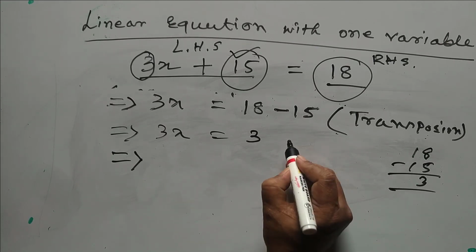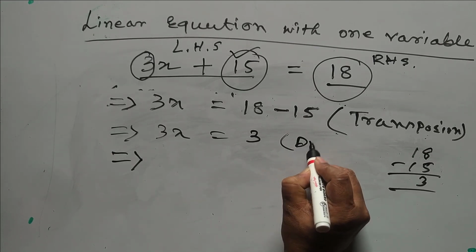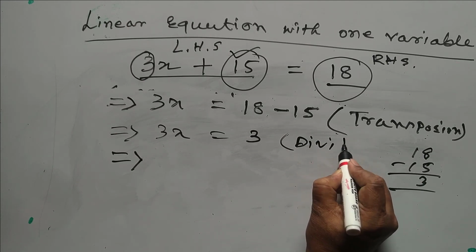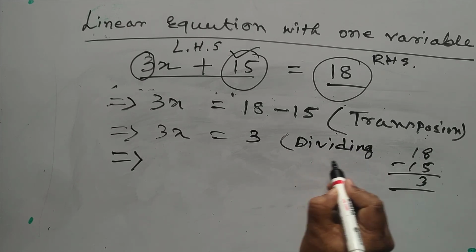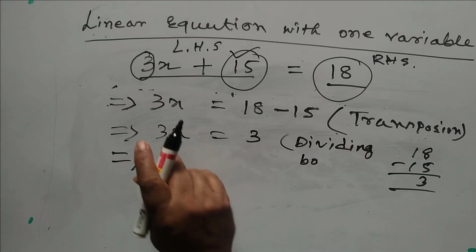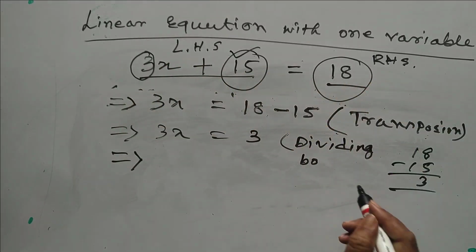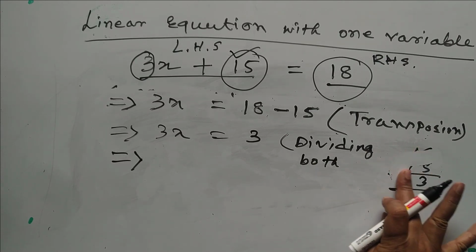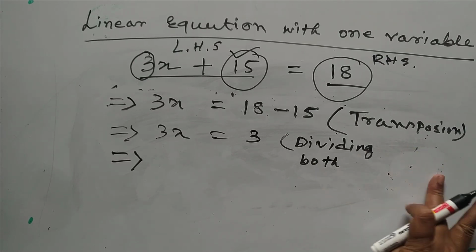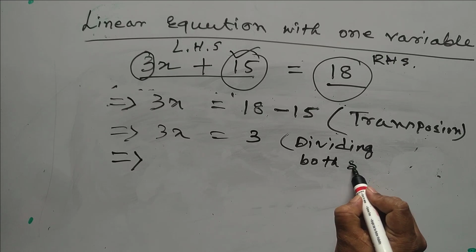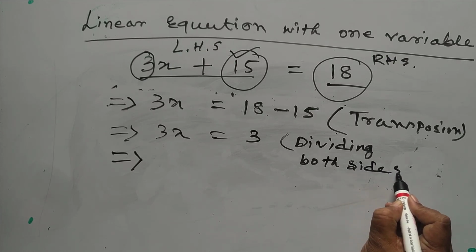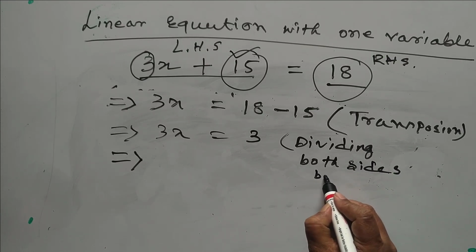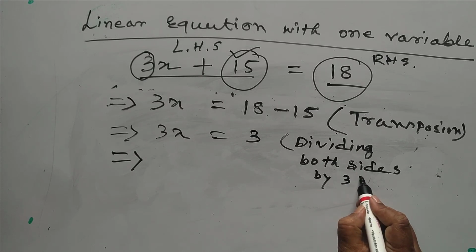So right here, dividing both sides, meaning LHS and RHS, by 3.